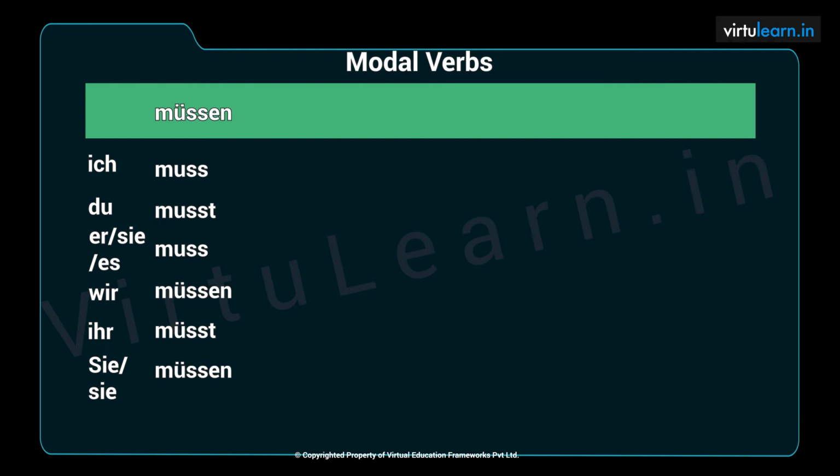Let us look at können. Können too has an umlaut, but does not show in the singular conjugations. Ich kann. Du kannst.